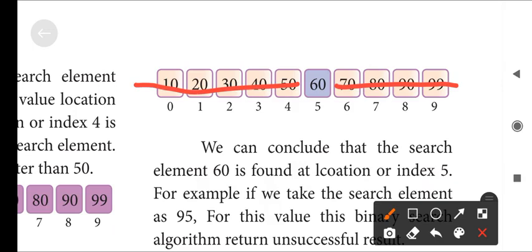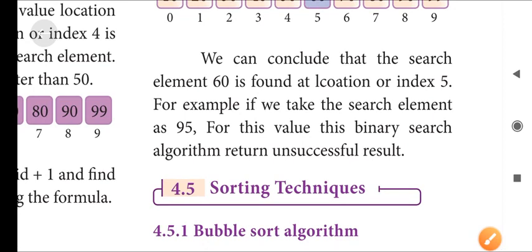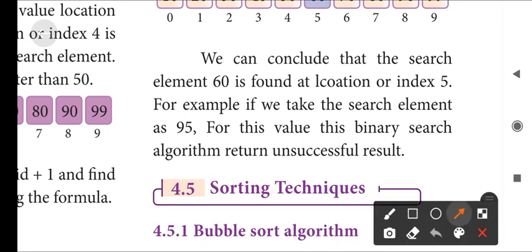The value is 95, and here there is no 95, so the output will be an unsuccessful result. The binary search algorithm returned an unsuccessful result.